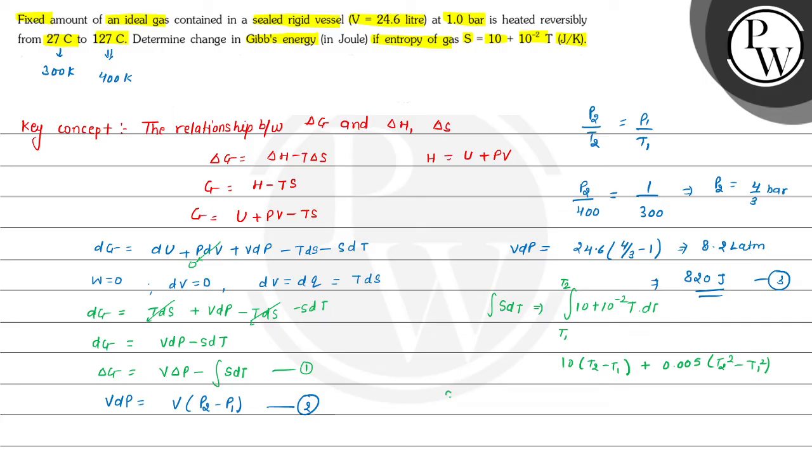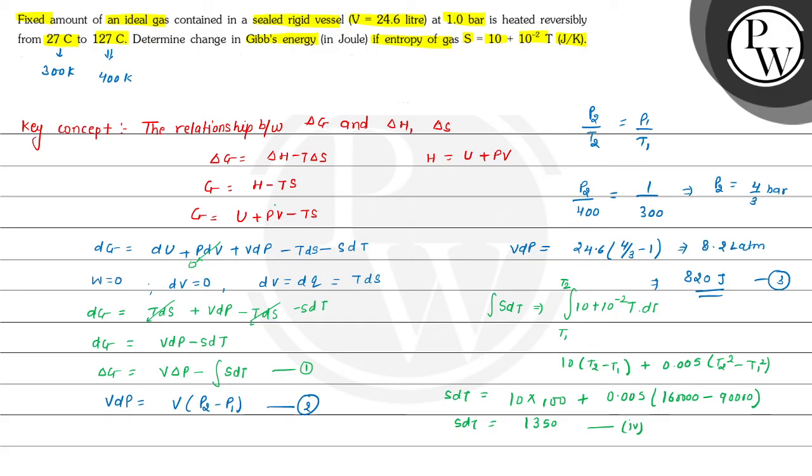So the value of the integral of S dT comes out to be 10 multiplied by 100, because T2 is equal to 400 and T1 is equal to 300, plus 0.005 multiplied by 400 square minus 300 square. So we can write 16,000 minus 9,000. The value of the integral of S dT comes out to be 1350. Let's say this is our equation 4.